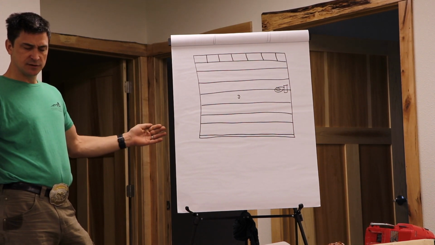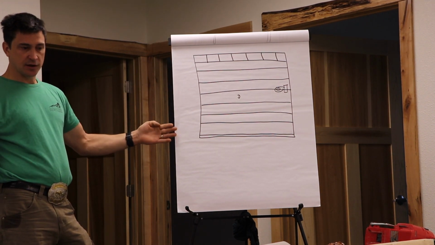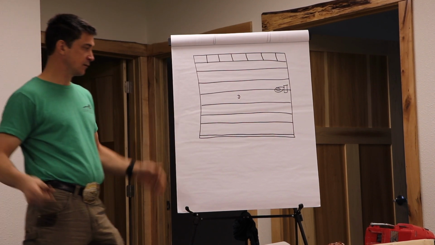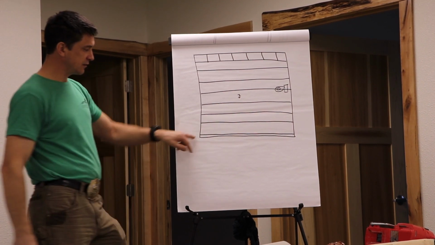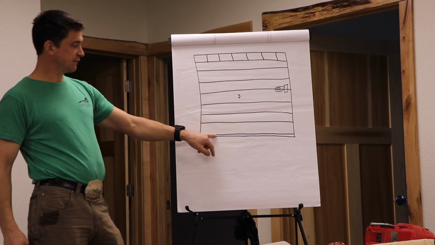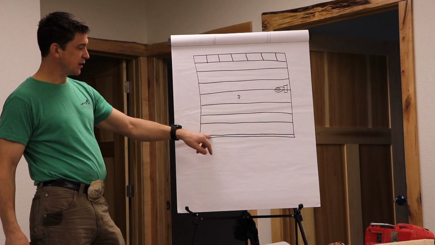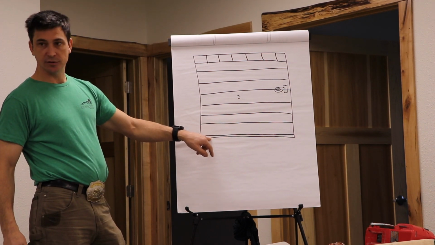Most houses get laid out on a 2-foot increment to the plan. And so a lot of times you'll end up with your last joist on the floor being like 4 or 6 inches away from the end of the building.